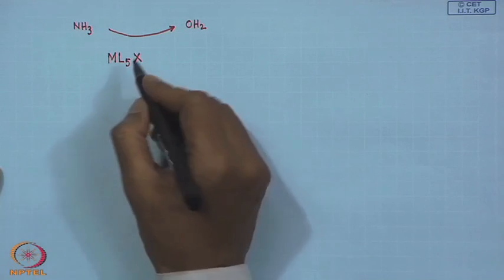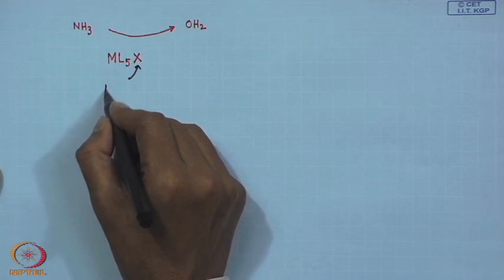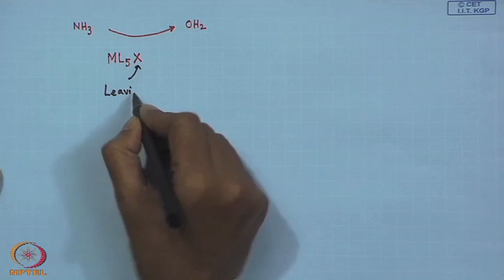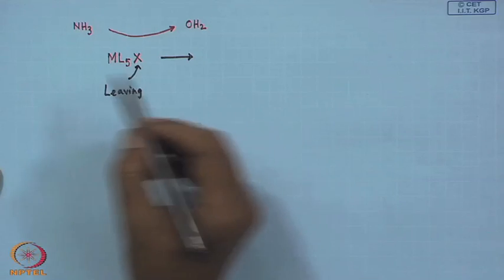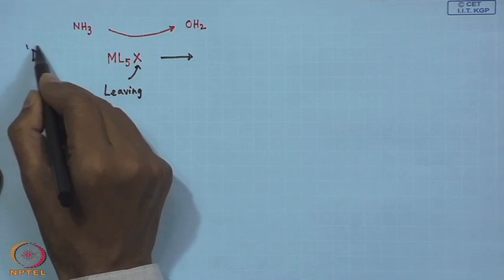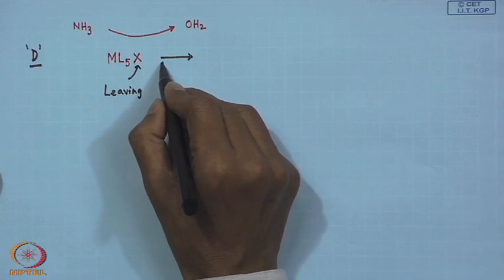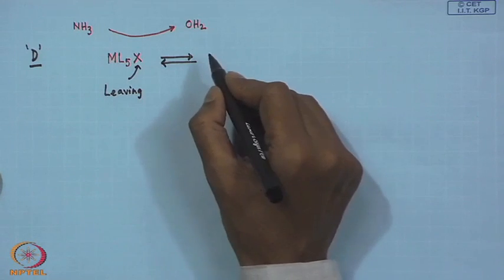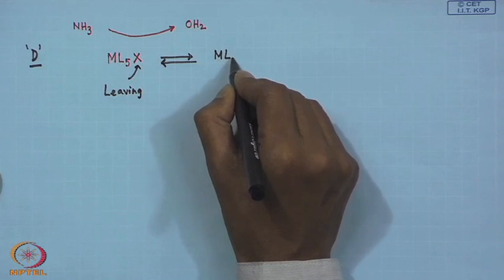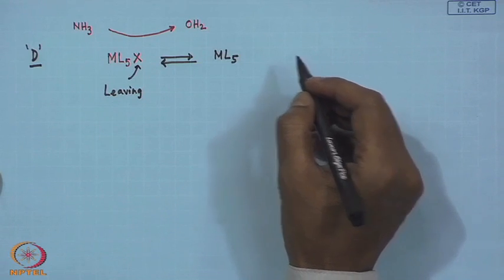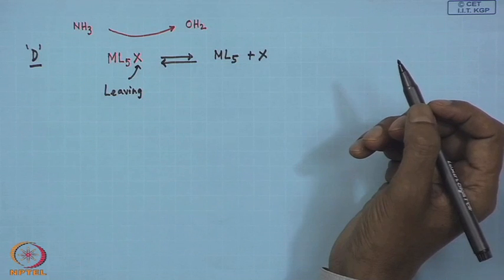So, X can leave the system, which is the leaving ligand, and this mechanism is dissociative in nature, that means the mechanism is D. We can have two ways of this dissociation, where we get ML5, where the L are the spectator ligands and X is completely dissociating from the system.